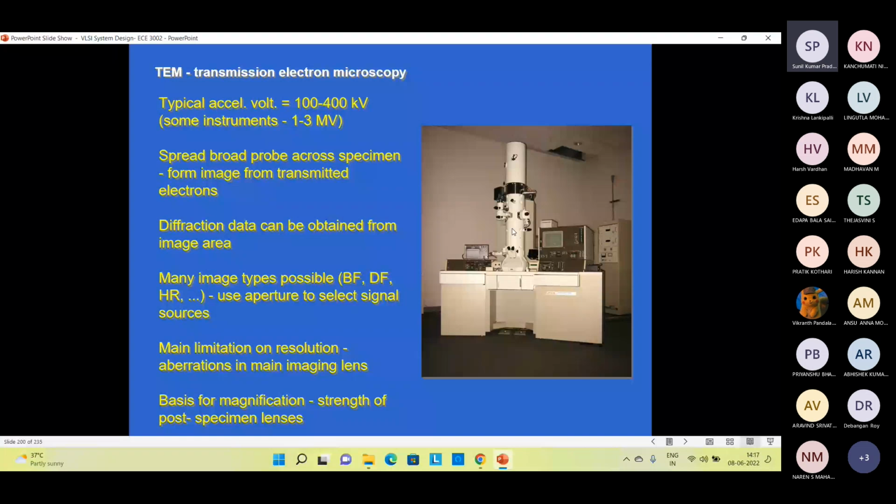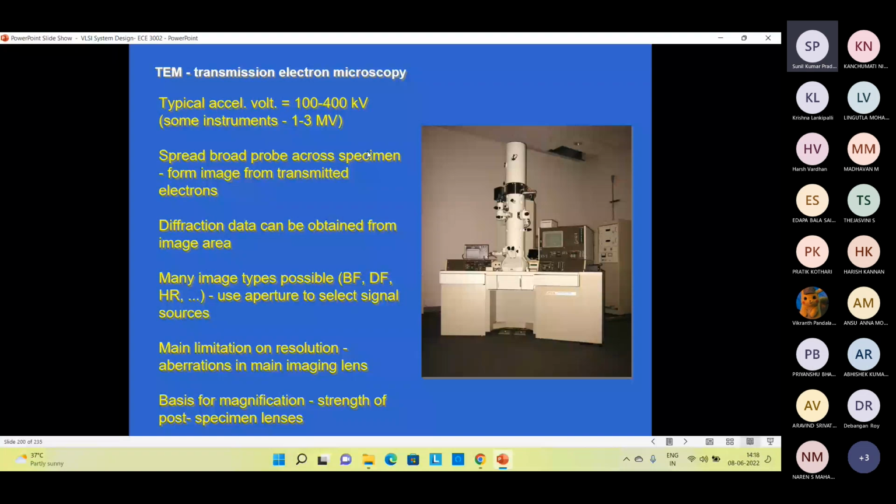Now, the image formation is generally done by the transmission electron microscope with the help of this high energy electron beam. Along with the morphological analysis, we can get some data that we call diffraction data, which can be obtained from the image area.